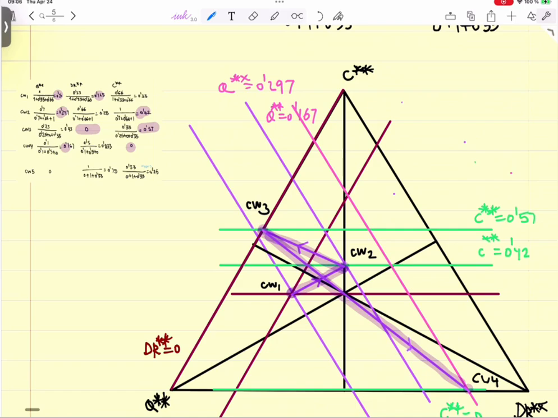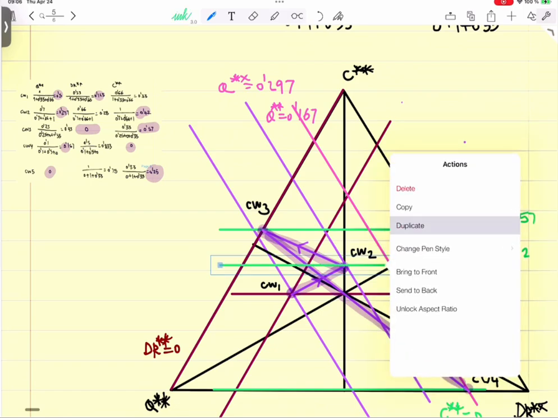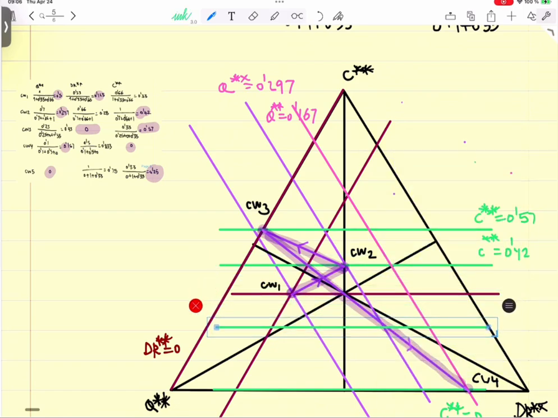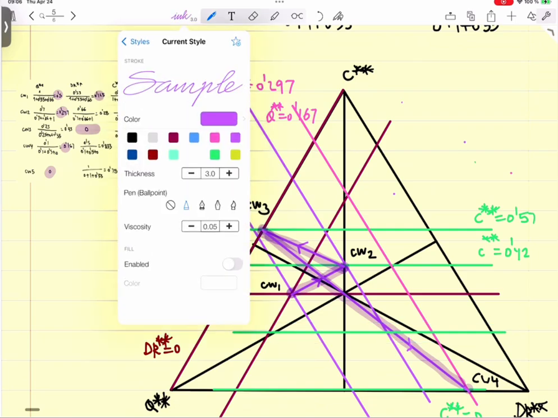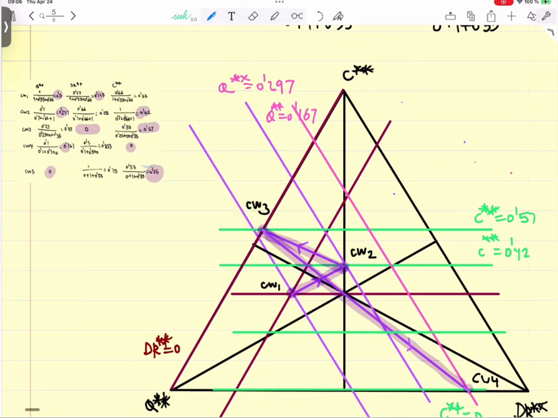And then we have calendar week 5, 0 for the quality and 0.25 for the cost. So we go and say, okay, 0.25 in the cost is going to be somewhere around here. Cost star star equals 0.25.